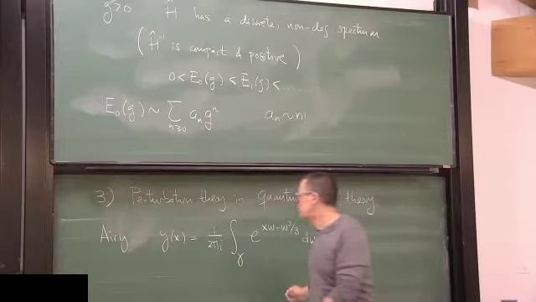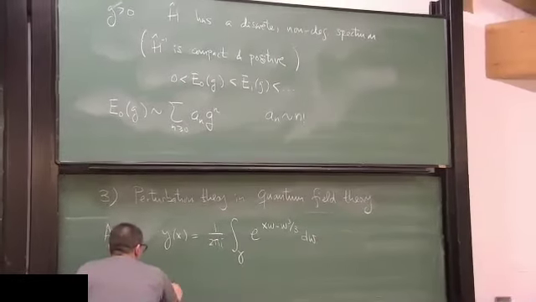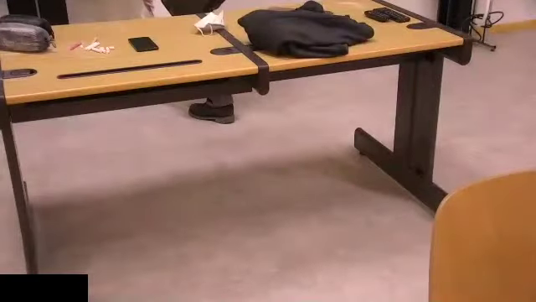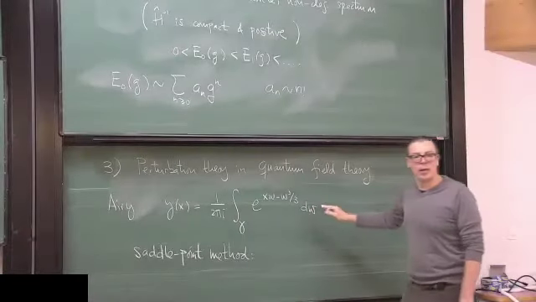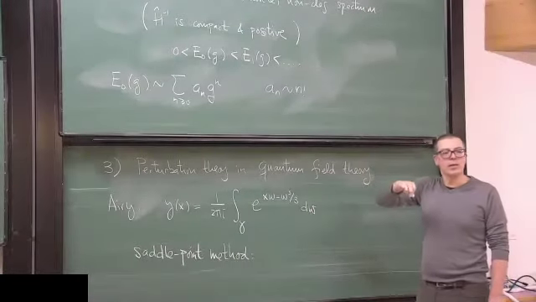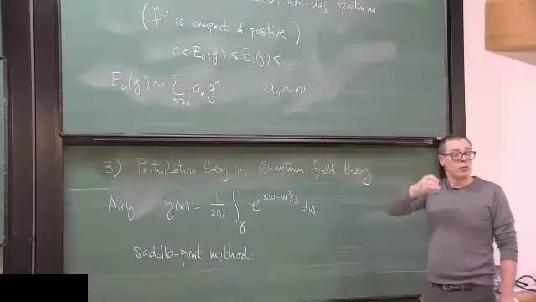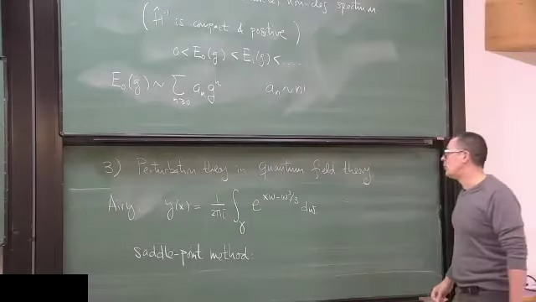And the answer is that you can use what is called the saddle point method to actually do this. Let me just give you a kind of short answer. I can formulate this as an exercise for you, and if you look at my notes, you will see the details of this exercise.